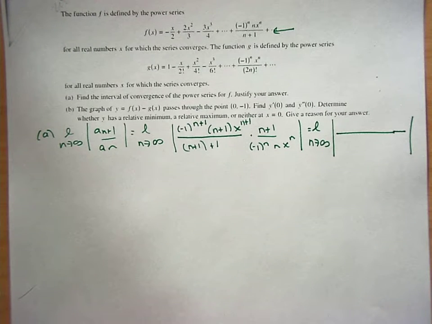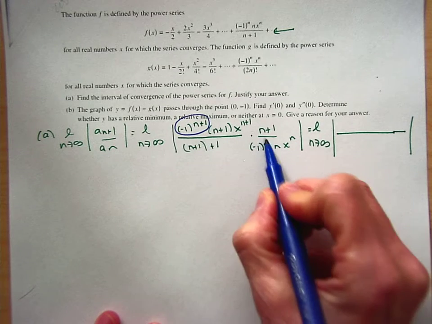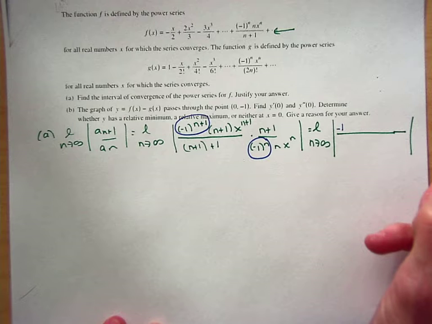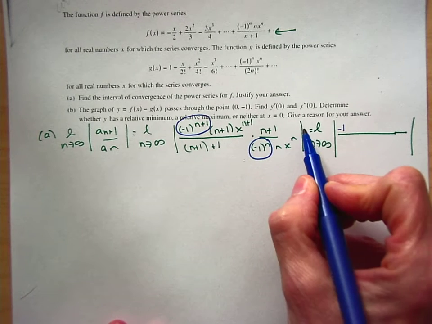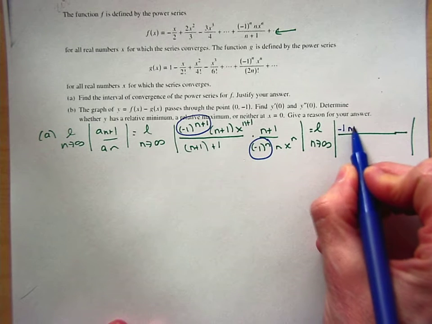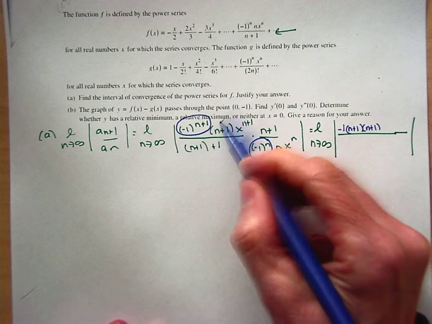Alright, so we're going to first deal with these negative ones. Okay, so that leaves me with negative 1. It appears I have n plus 1 and n plus 1 in the top. So I've taken care of this and this.